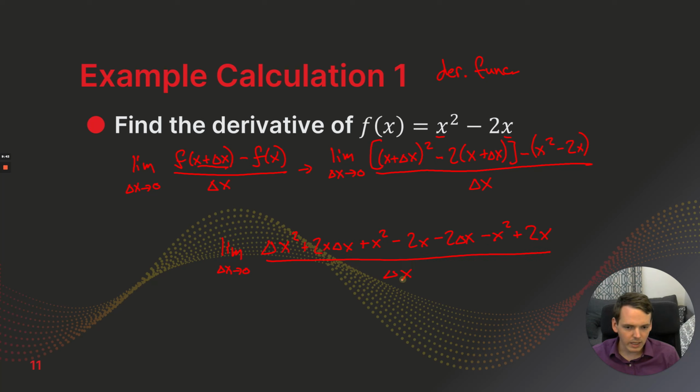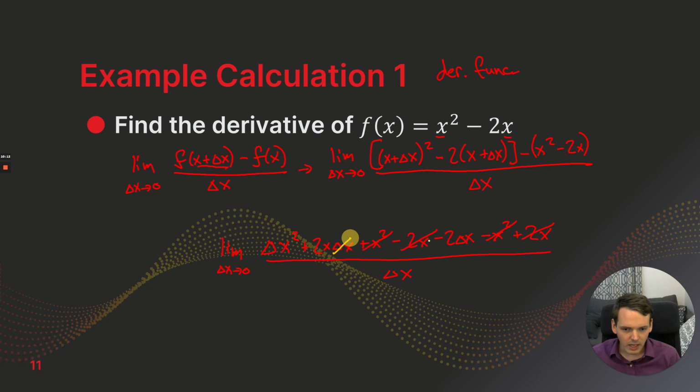all over delta x. And so what can we clean up? The minus 2x and the plus 2x can clean up, the x squared and the minus x squared can clean up. And then conveniently, we have lots of delta x's in here, so I can factor those out. I'll use a different color pen so you can see that I canceled these kind of second.